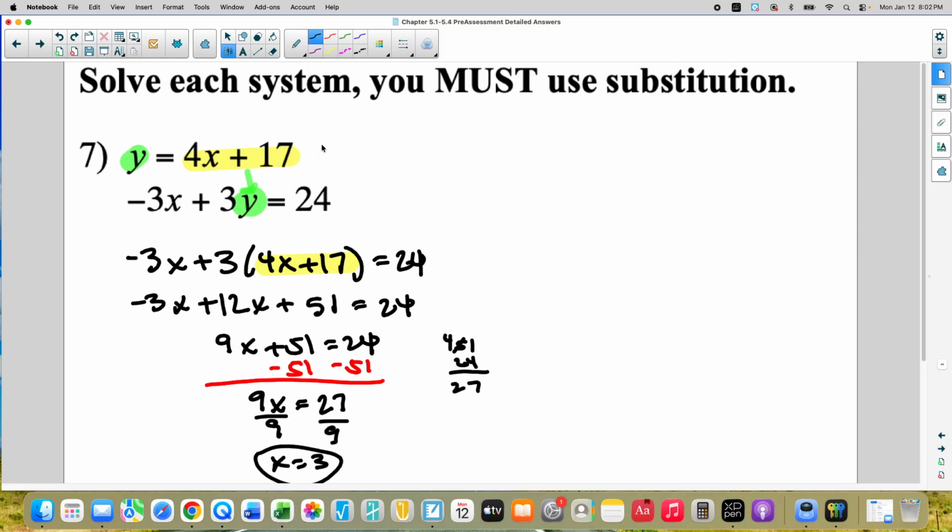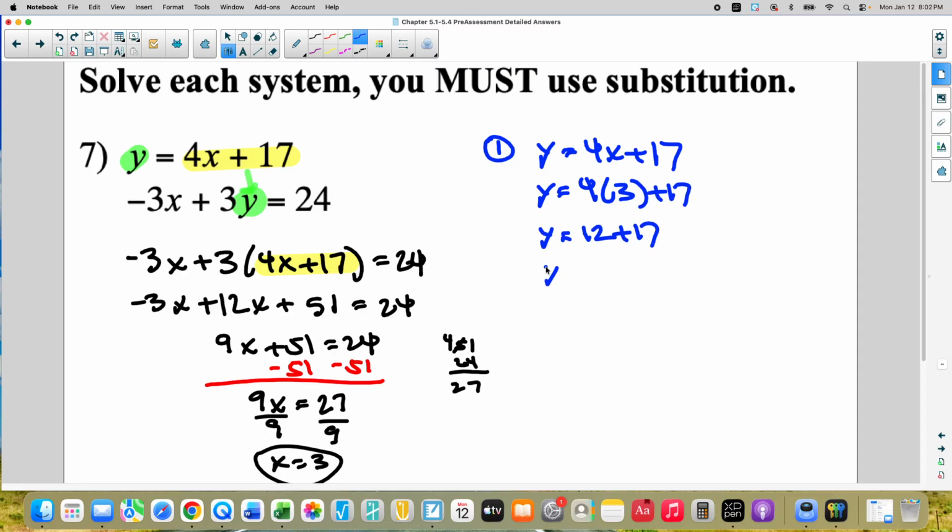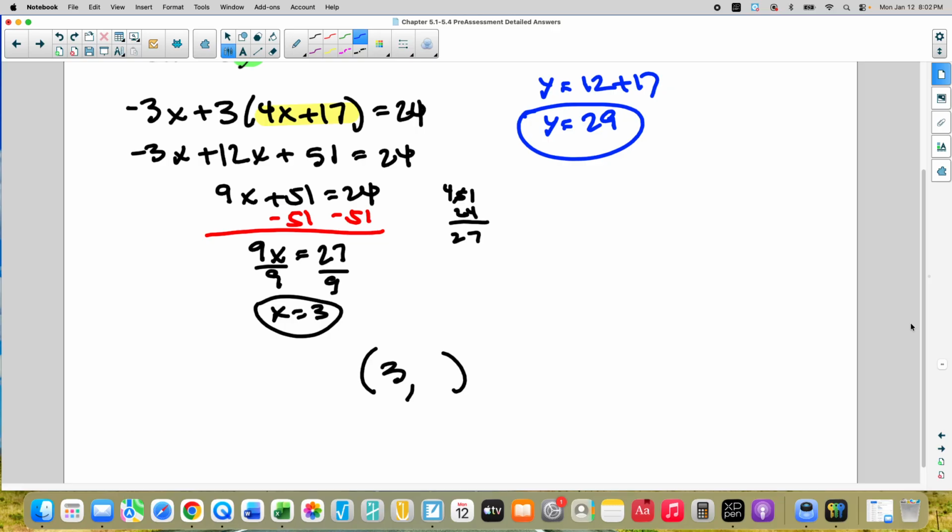I'm going to plug it back into this first equation, x equaling 3. So y equals 29. So I have both my x and y solution, 29.